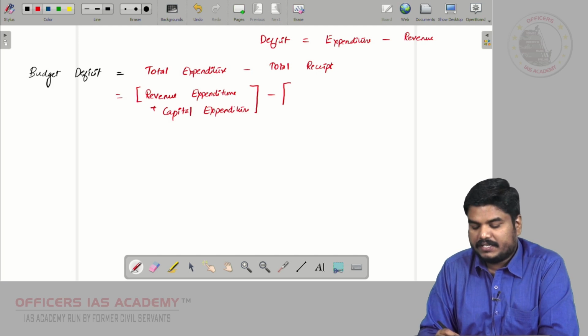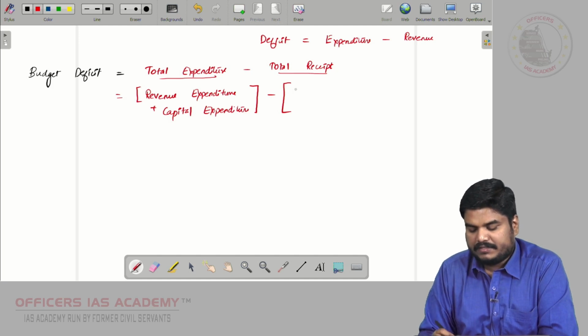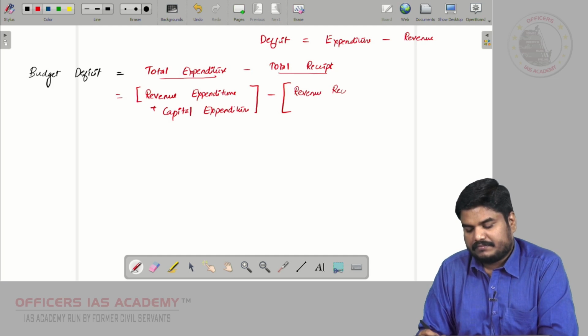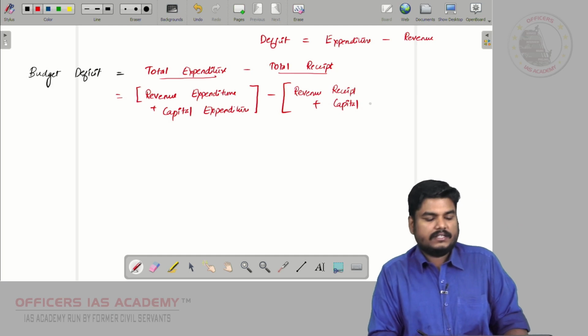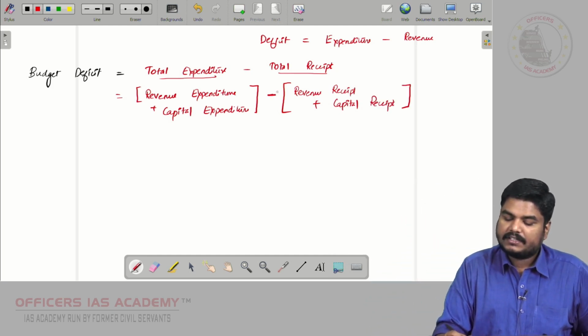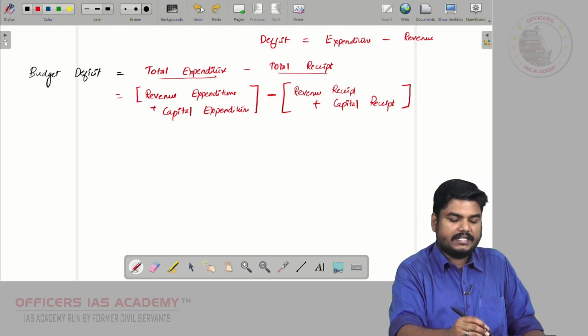Total receipt is revenue receipt plus capital receipt. Right? Revenue expenditure plus capital expenditure minus revenue receipt plus capital receipt. So this is budget deficit.